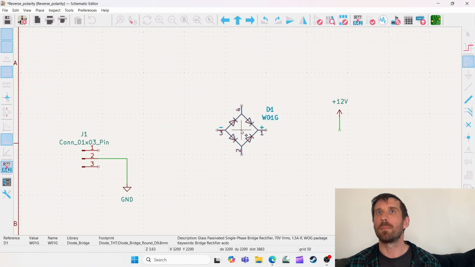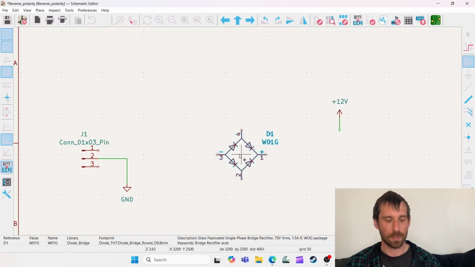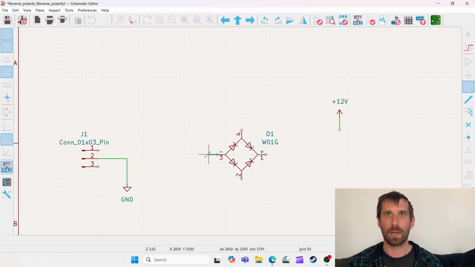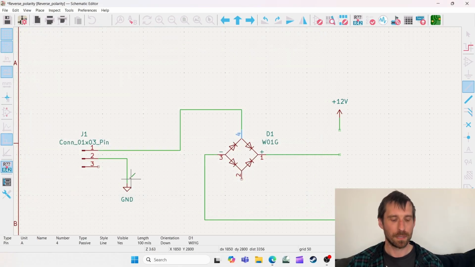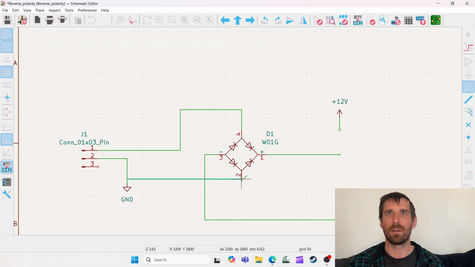So all I care about is the symbol. So we're going to do that. We're going to wire that. Wire that there. Wire that there. Hey, don't you do that. Then what we'll do, this is our ground, just wire that right there.